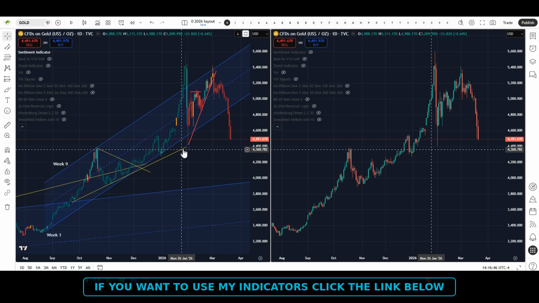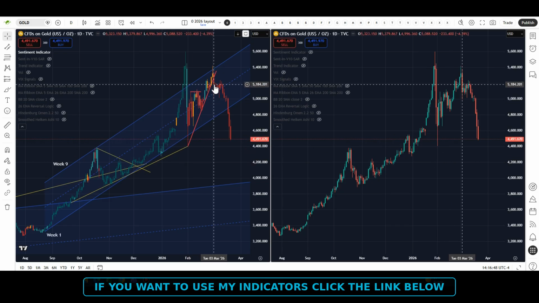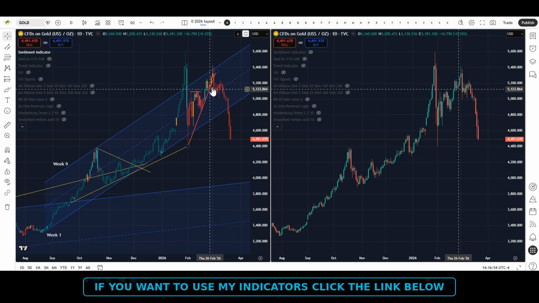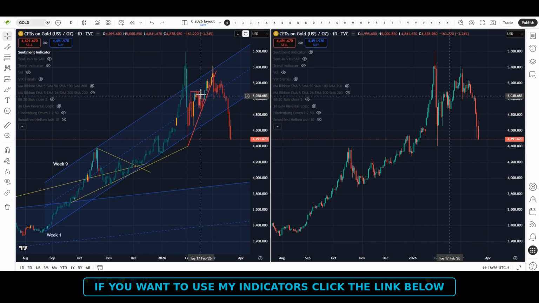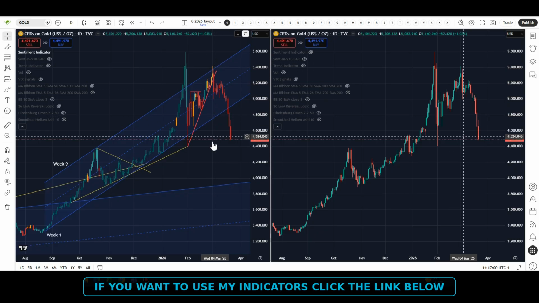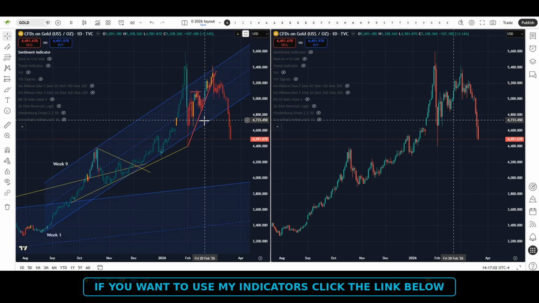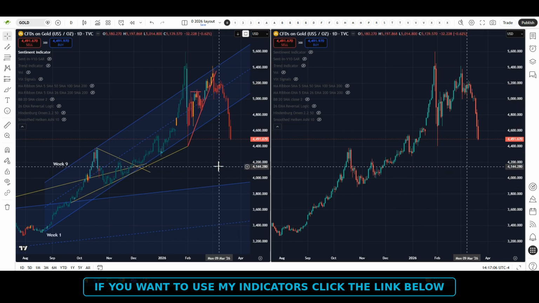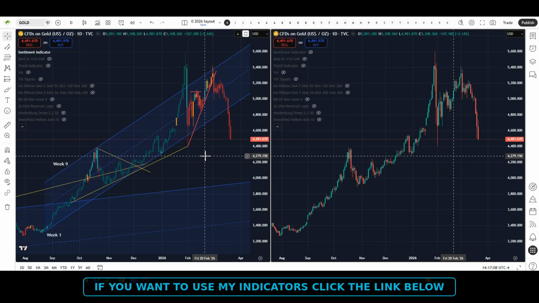So if we discount everything here, all of this down move, and you obviously just saw this up move within this parallel, like, oh, it's all good, it's going to just keep going, but it wasn't. It was a massive bear flag, and a lot of people were bullish on gold there, and they weren't.